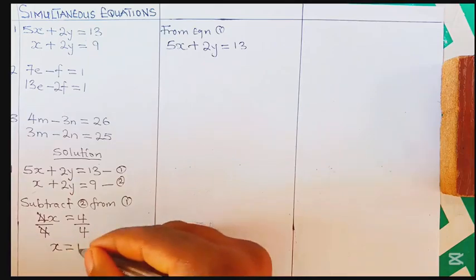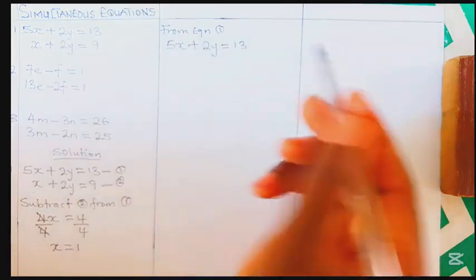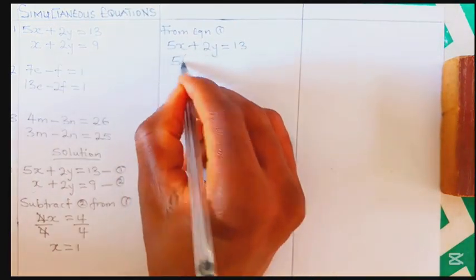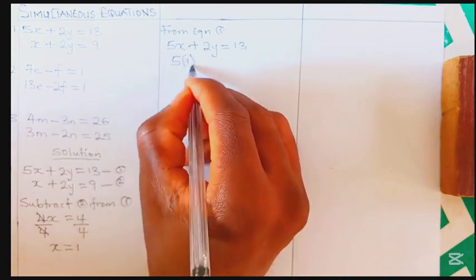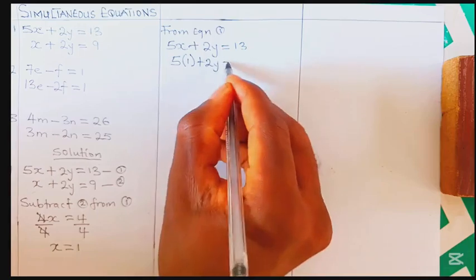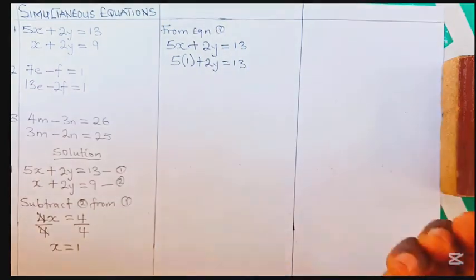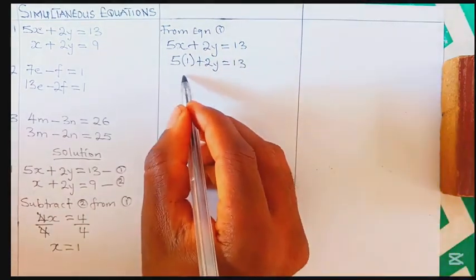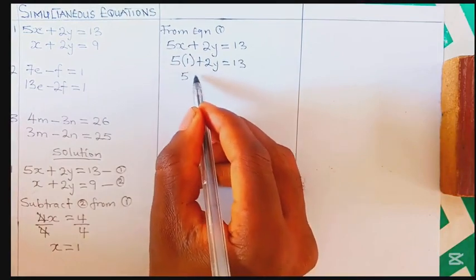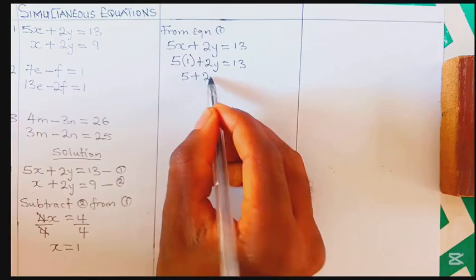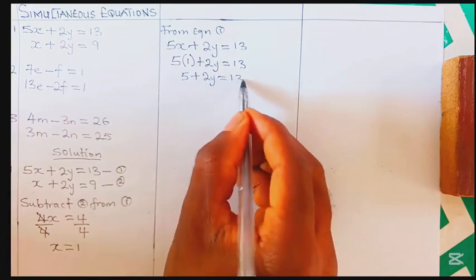So since x is equal to 1, anywhere you see x, put 1. So 5 times 1 plus 2y is equal to 13. 5 times 1 is 5. 5 plus 2y is equal to 13.